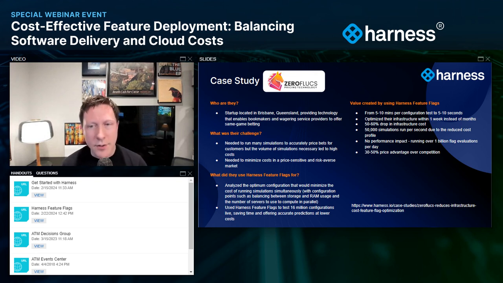Toggling it on or off. But in this case, they're leveraging feature flags to deploy their code to production in an efficient manner so they could reduce their testing that they were doing for their gambling business processes. And then that, as you saw, reduce their infrastructure costs, which is fantastic, right? If you think about ways that impact the bottom line of software delivery, these are definitely ways that do that.